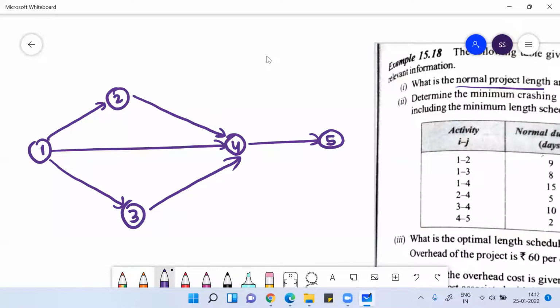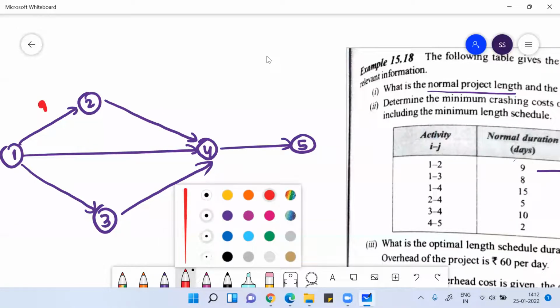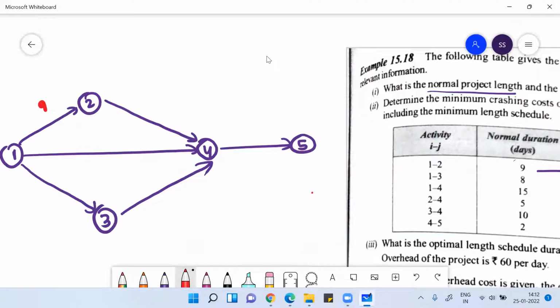Then you can see the normal time. 1 to 2 is 9. 1 to 3 is 8. 1 to 4 is 15. 2 to 4 is 5. 3 to 4 is 10. And then 4 to 5 is 2. This is the normal time to complete the work.